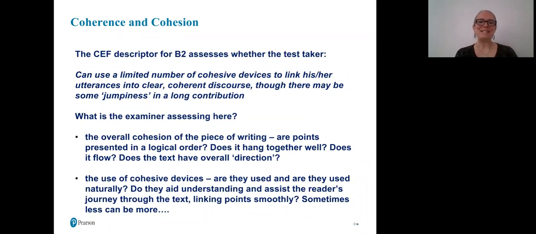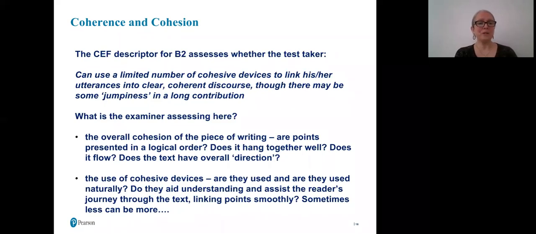We're looking to see that points are presented in a logical order, so good planning really helps here. We're looking to see how well it hangs together, how well it all sits. Does it flow? Does it have an overall direction? Does it take the reader on a sensible and logical journey through the response?